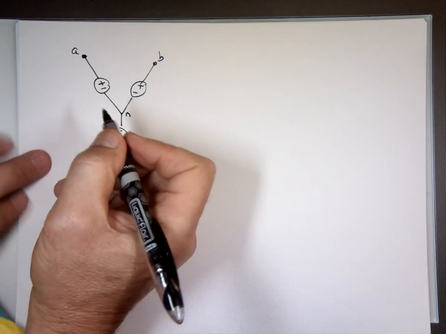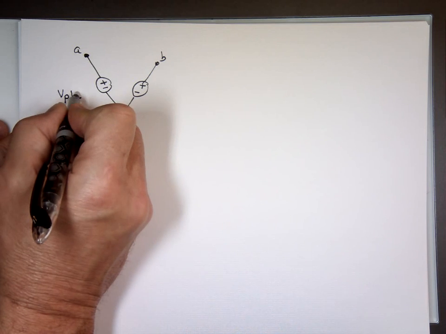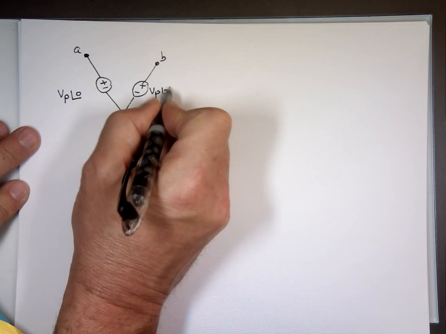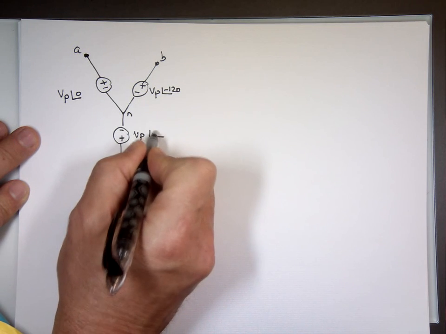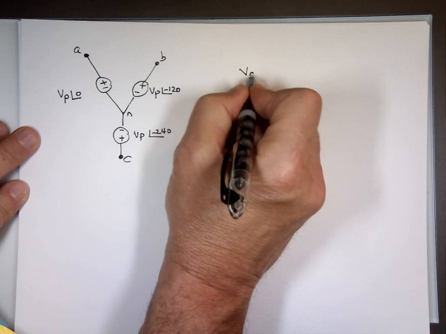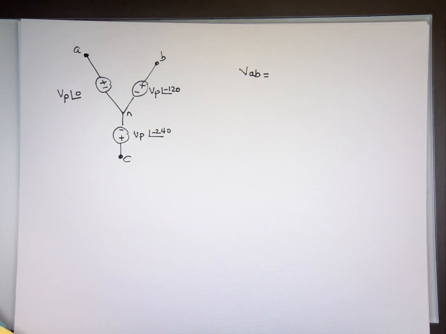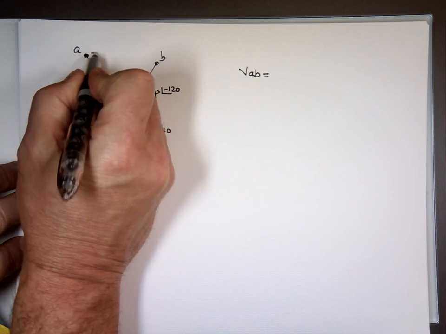Again, I'm using positive sequence, so this is VP angle 0. This is VP angle negative 120. This is VP angle negative 240. If I want to find VAB, quick reminder, what's VAB? Well, that's plus here, minus there.